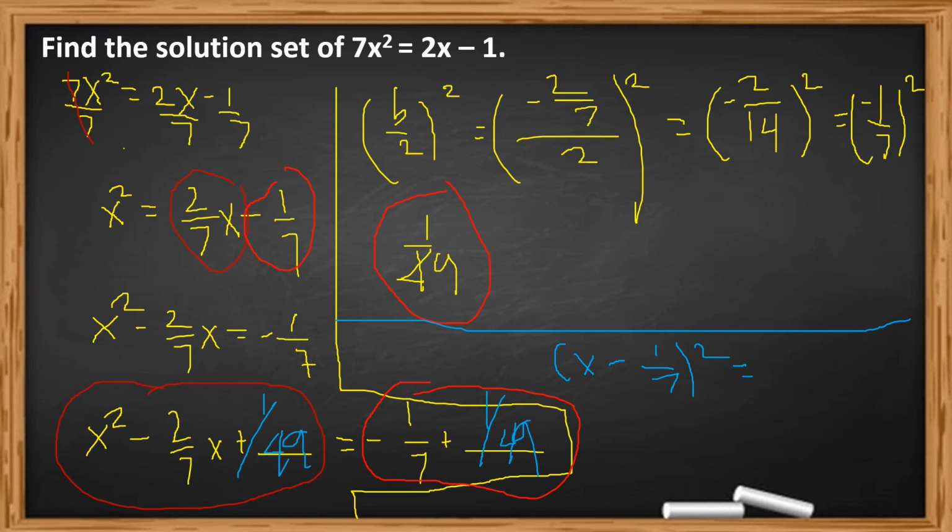So, ang gagawin muna natin ay hanapin si least common denominator involving 7 and 49 as the denominators.